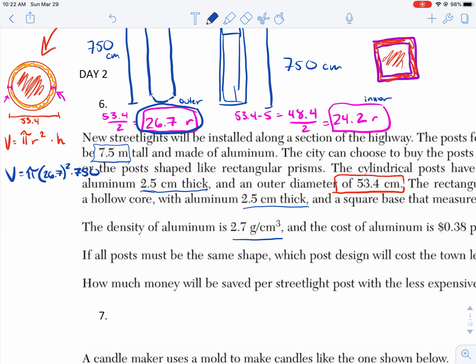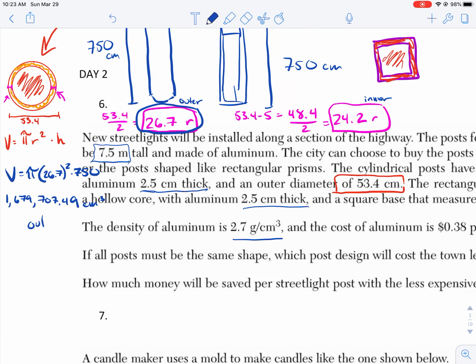Oops, oh, I made an error there. Give me just a second. 26.7 squared. Okay. And you should get 1,679,707.49. And this is centimeters, right?